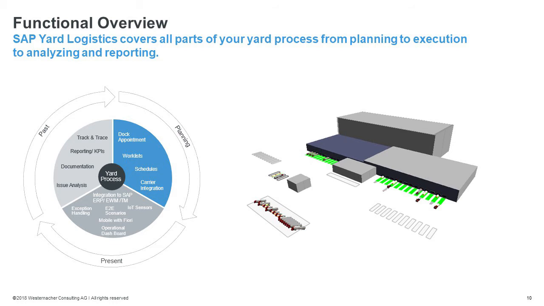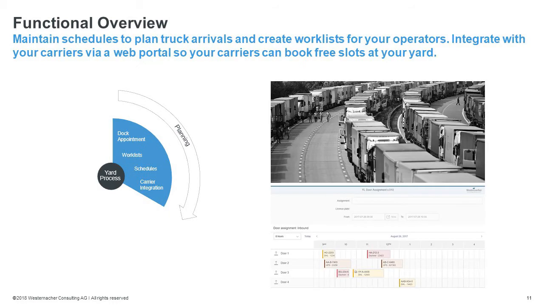Having said that, we see on the right side one example from one of our customers. We have a small parking spot on the bottom side where the trucks are actually arriving. We then have some check-in lanes that are a little bit higher on this picture, and in green you see those doors that we have modeled there. And for some of the container process, we also have some parking spots in white here on the yard.